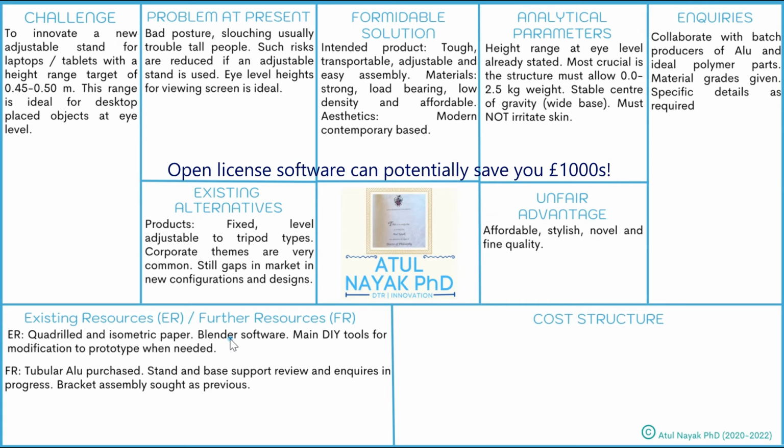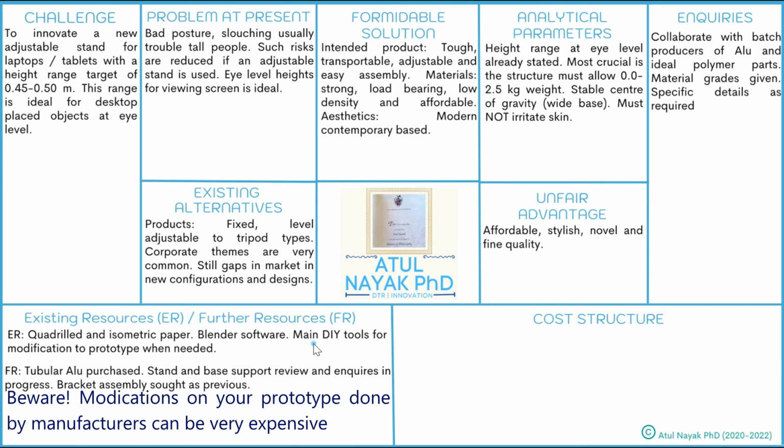It's the open license Blender software, in which you can make most simple geometries and quite complex geometries of 3D scaled diagrams. So this can be useful for beginners. Main DIY tools for modification to your prototype when needed. So that basically is things like cutting tools, a wood saw, a hacksaw for metal. Yes, a wood saw can be used for soft and hard polymers depending on the size, in cutting to shape, and so on and so forth, in which any further modifications as required can be done.